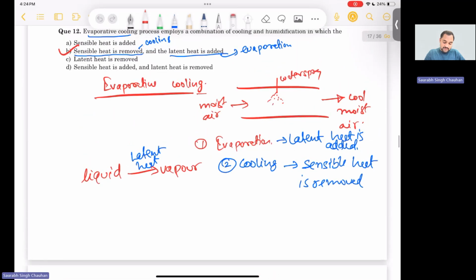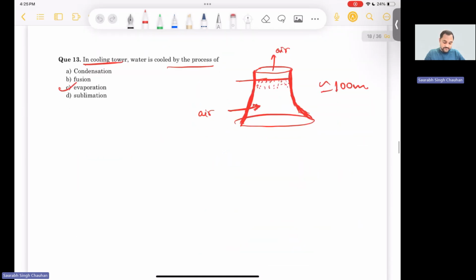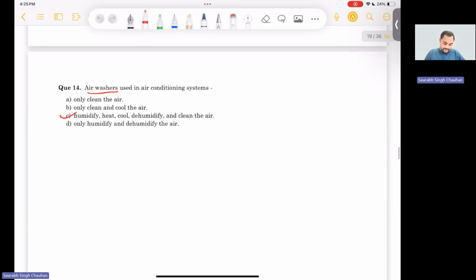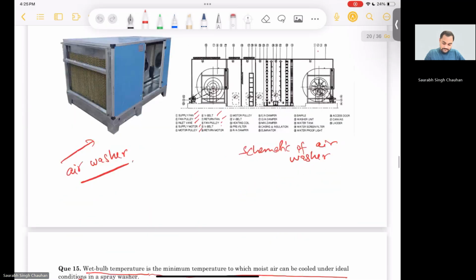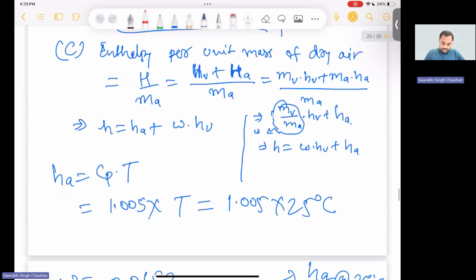We discussed that during evaporative cooling, the temperature is reduced, so sensible heat is removed. But since there is evaporation, you are adding latent heat. We discussed the cooling tower. We tried to solve some questions.